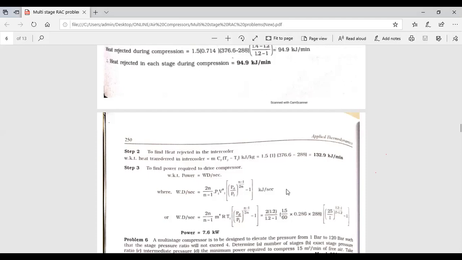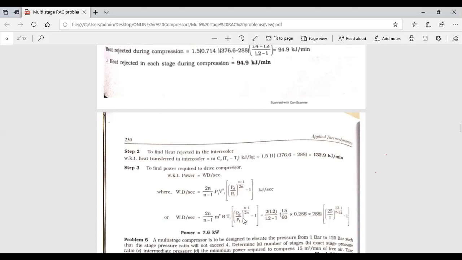So 2 into n divided by n minus 1, that is 2 into 1.2 divided by (1.2 minus 1). m is 1.5, given in the problem. And one more thing, you have to divide by 60 here. Okay. And R is 0.286, that is nothing but your Cp minus Cv, and T1 is 288 Kelvin, that is 15 plus 273.